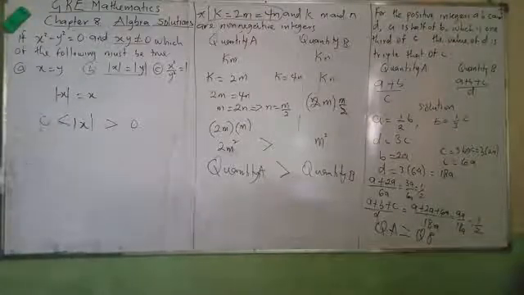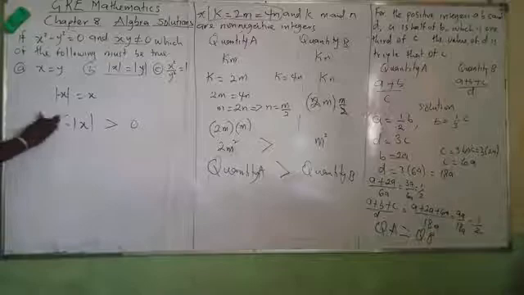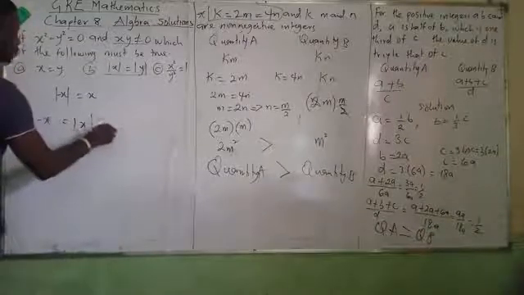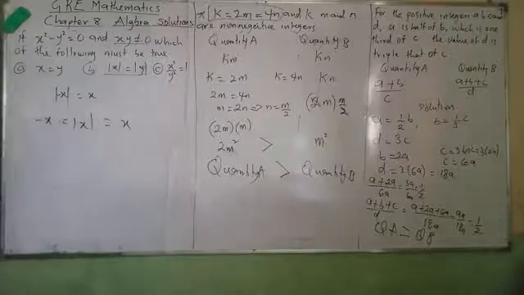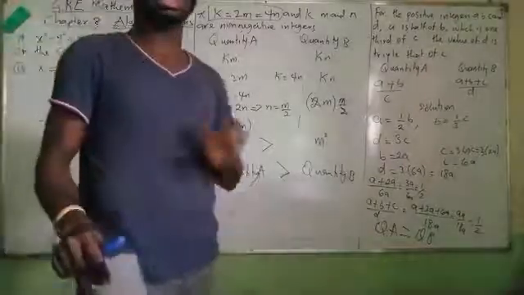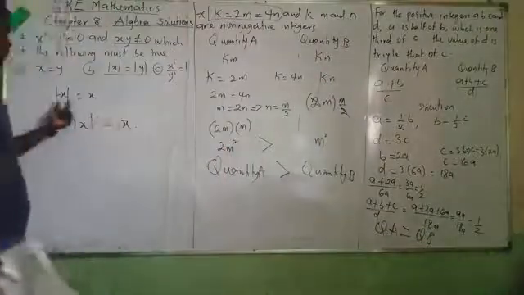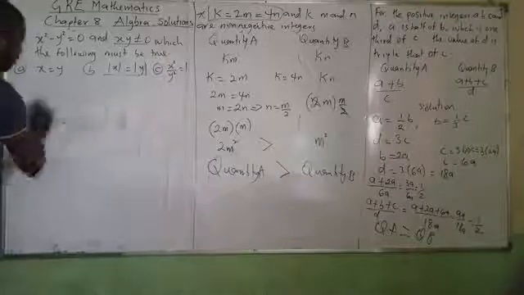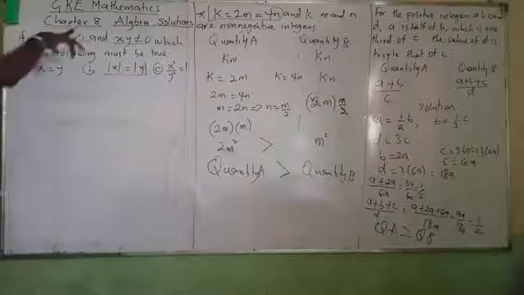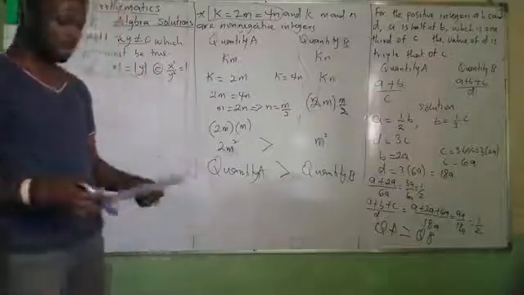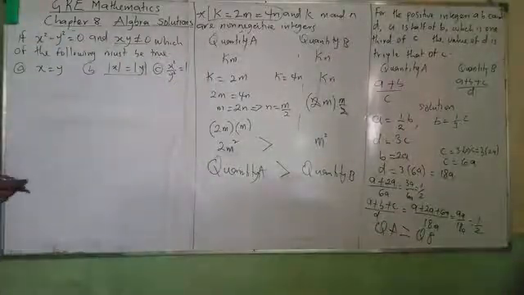In a normal sense of absolute value, you neglect the negative. I think that should be chapter 9 of GRE, which is all about absolute value and inequality. We'll talk more about that when we get there.